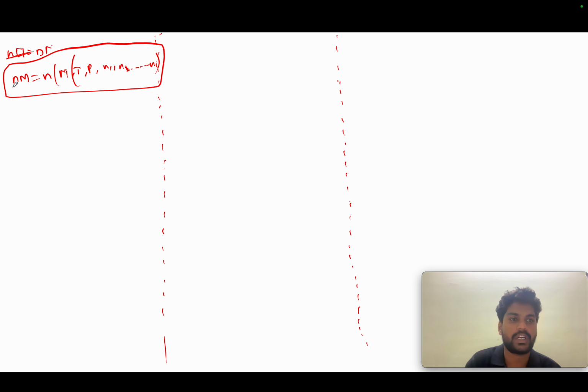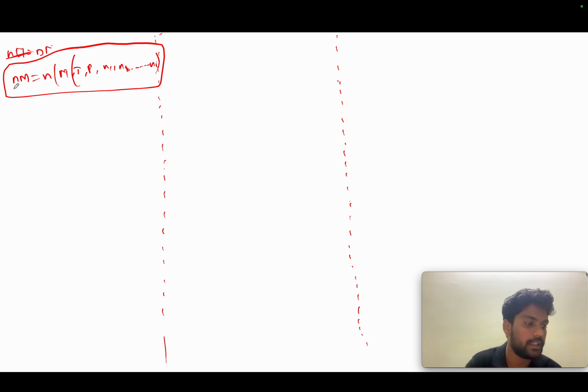Now suppose you have taken one property M of n moles, and M is a function of T, P, and the different components.